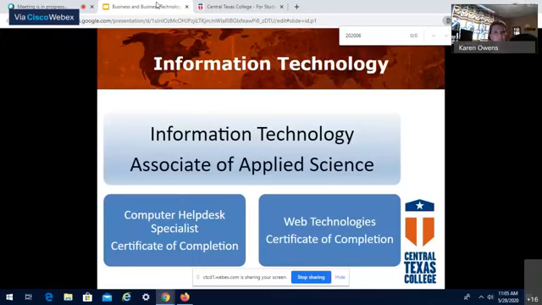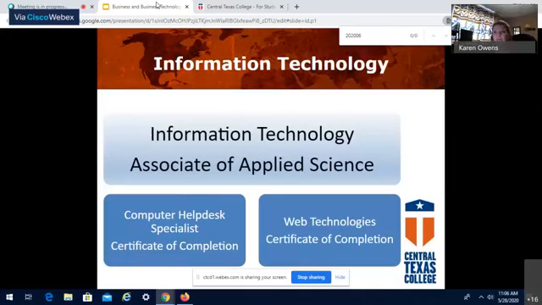Now, the credit information: 26 of the 30 credit hours fold into this, and for the web technologies, 15 of the 19 credit hours are folded into that. So that's considerable.